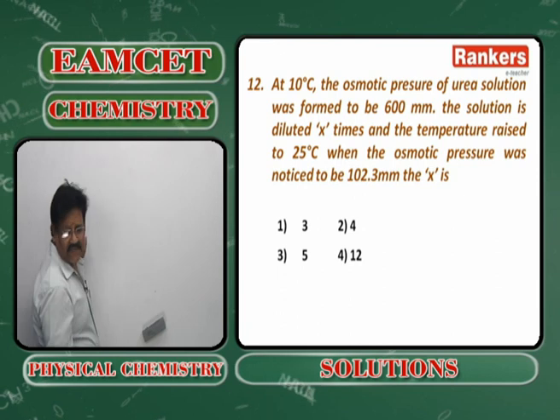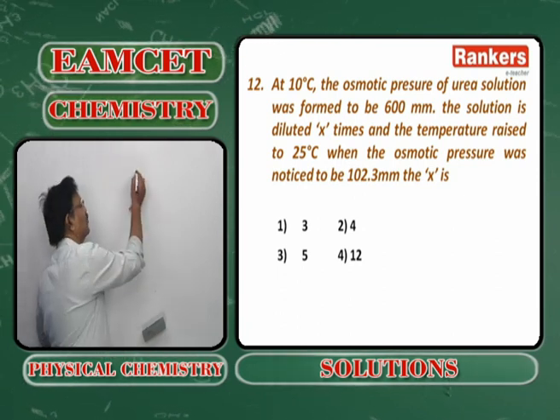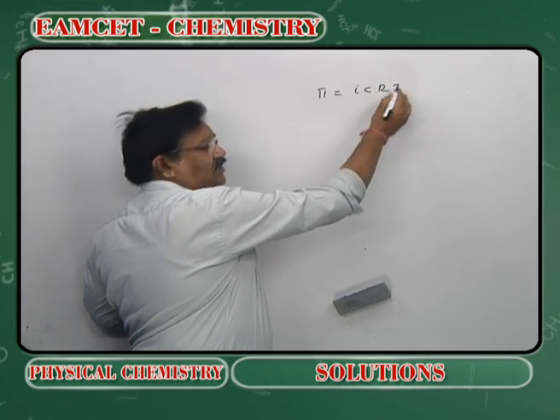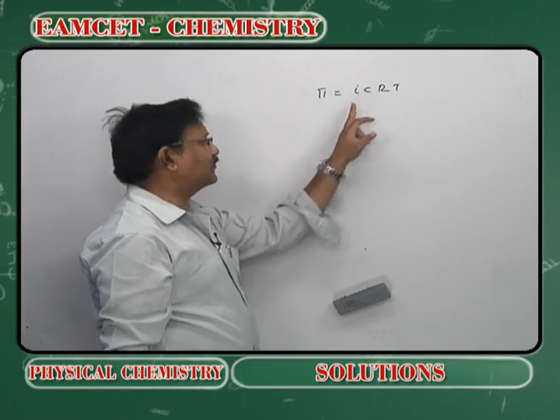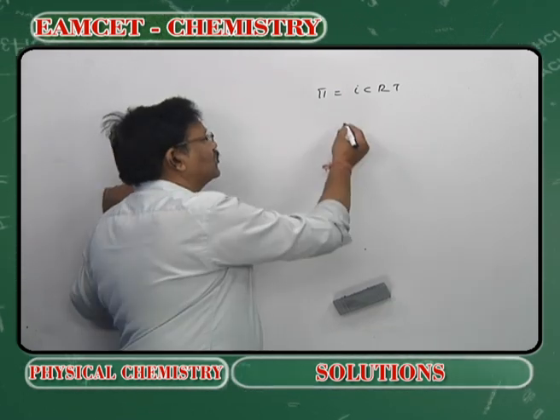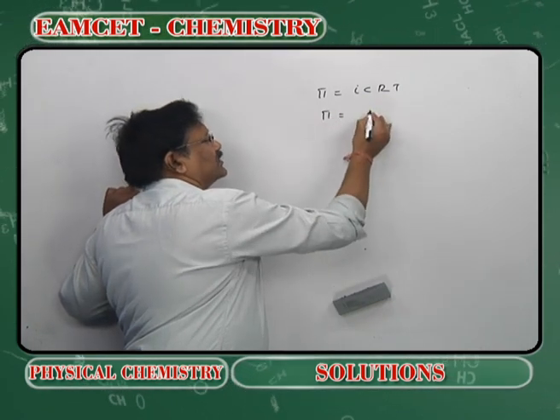So pi is equal to iCRT. For urea, i is equal to 1, so pi is equal to CRT.